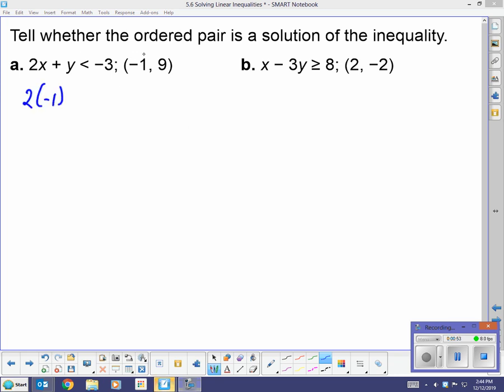So 2 times -1, -1 is my x, plus 9 is my y, is less than -3. -2 plus 9 is less than -3. 9 plus -2 is 7. 7 is less than -3. This is false. So since this is false, then -1, 9 is not a solution.